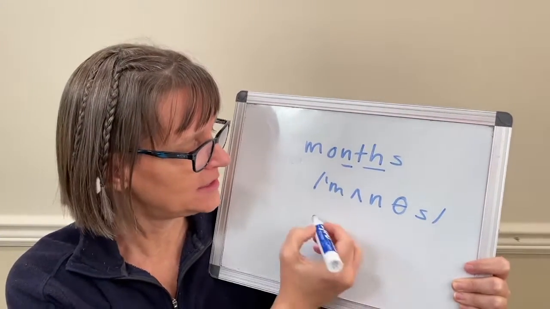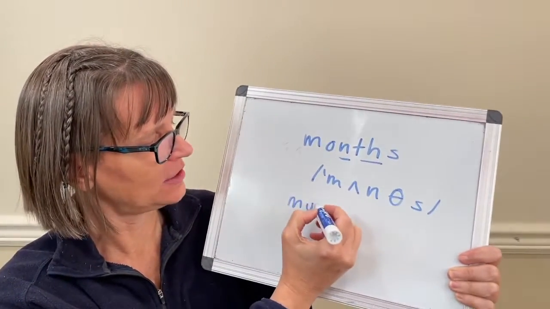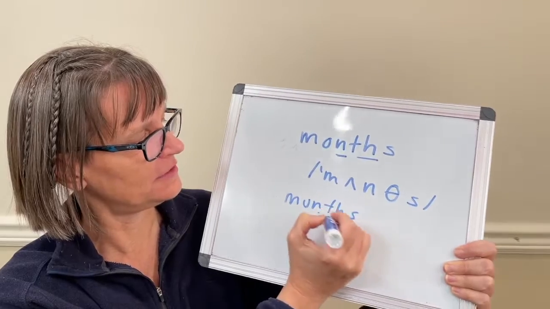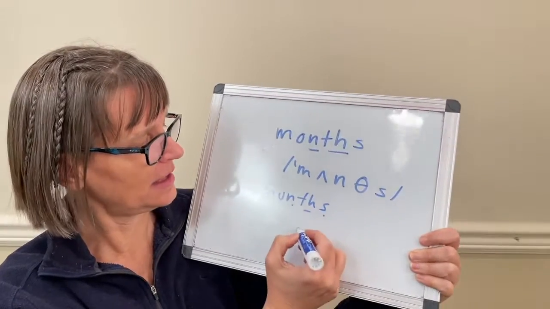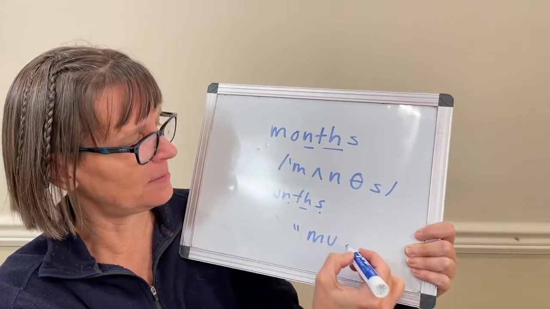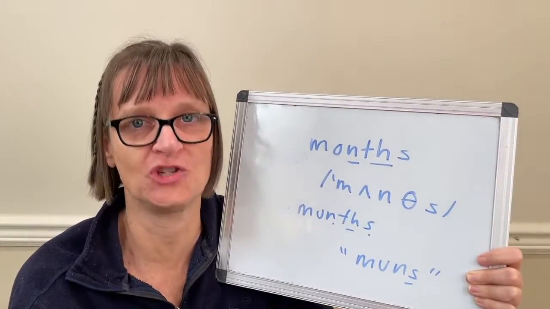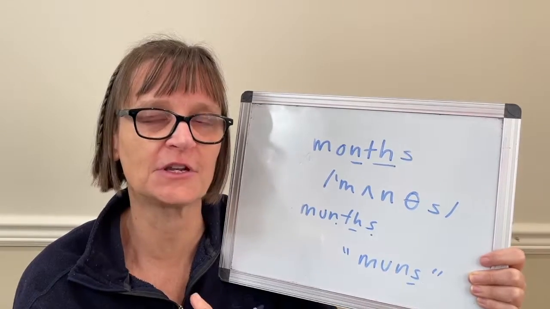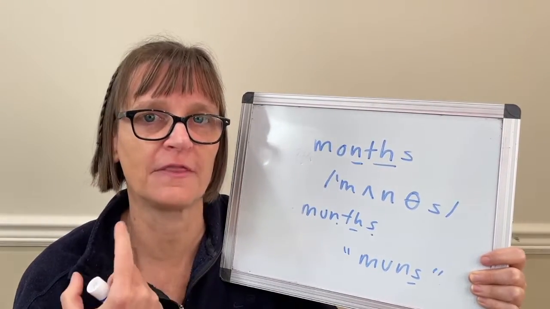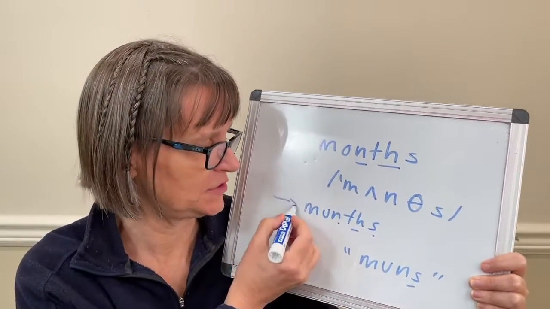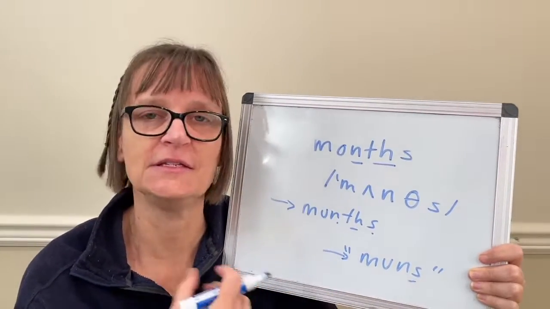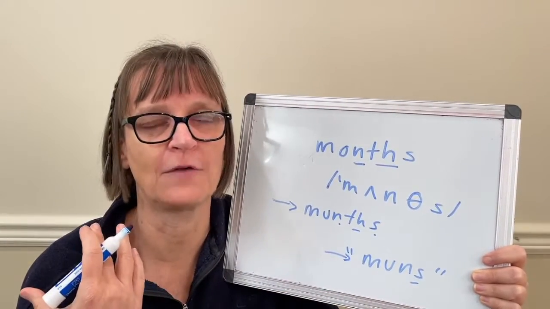Or another way, so it is okay and correct to say months with n, th, and s, but a lot of native speakers will simply say months with just the s sound, and it's an okay cheat to use. So several months ago, this is the most correct way. This is easier, and most people can't really hear the difference.